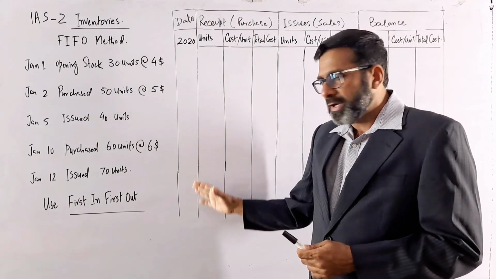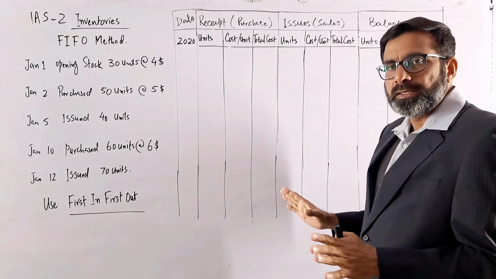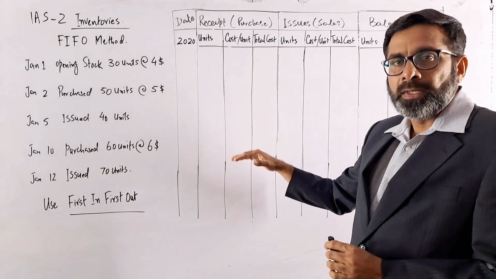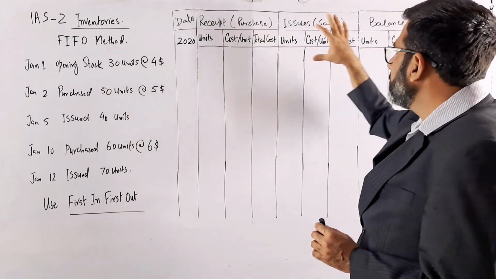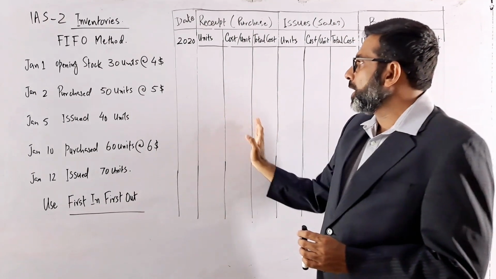The same inventory card will be used for the weighted average method, so there will be no difference in that. Then in each section, whether receipt, issue or balance, we again have 3 columns.